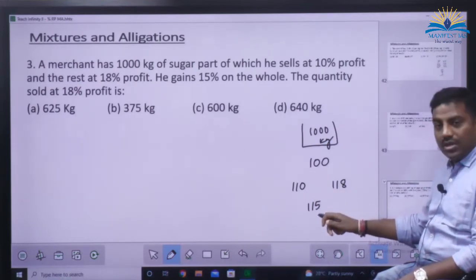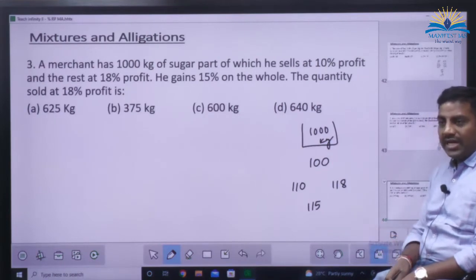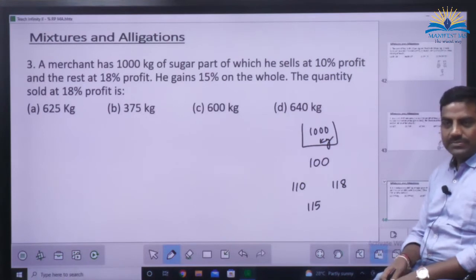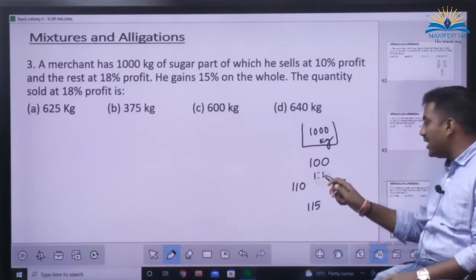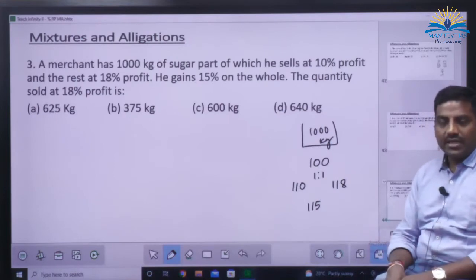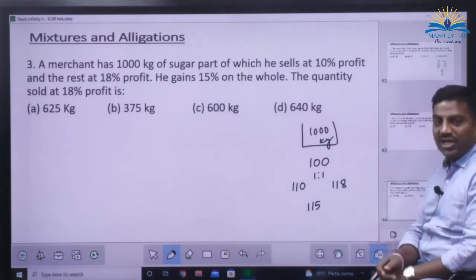Now tell me, if his overall profit is 15, then which sugar has he sold more? 10% one or 18% one? If he had sold 1:1, 110 rupees one equal to 118 rupees one, what would have been the final gain on the lot? 14 rupees would have been the profit, but he has got 15 rupees now.